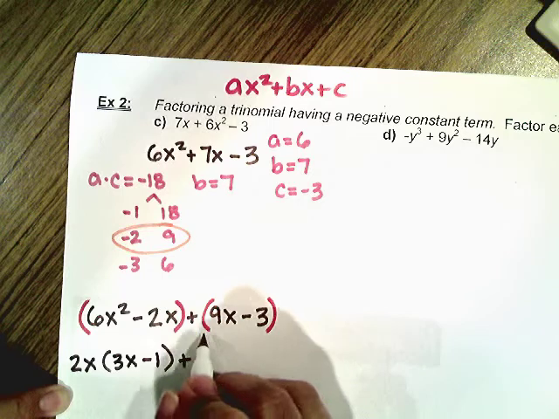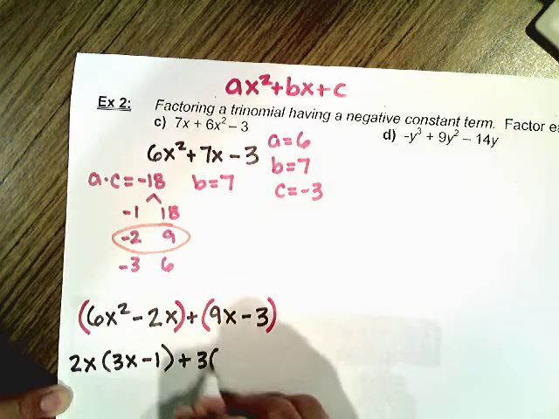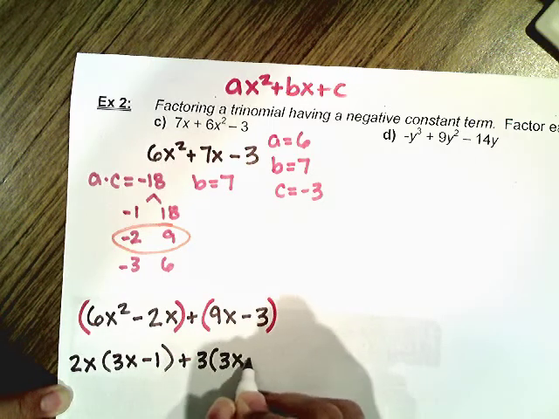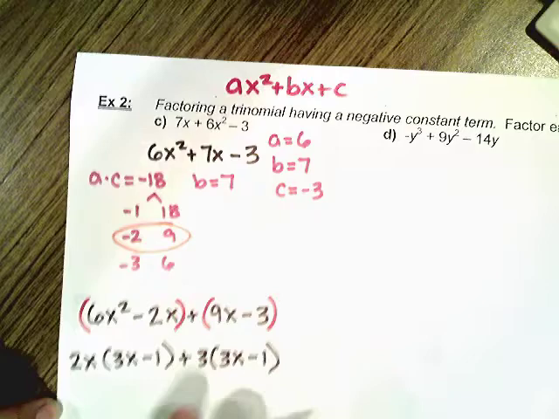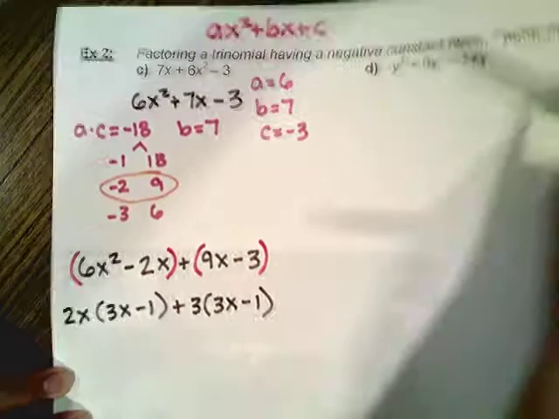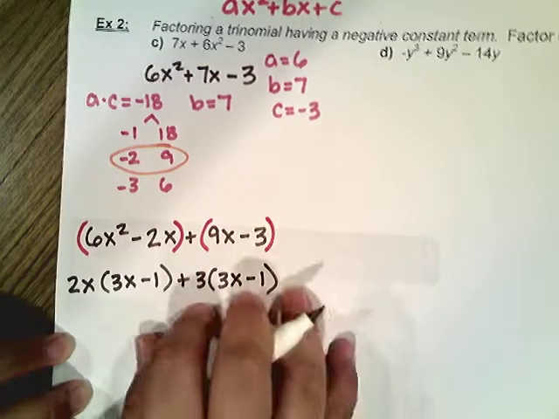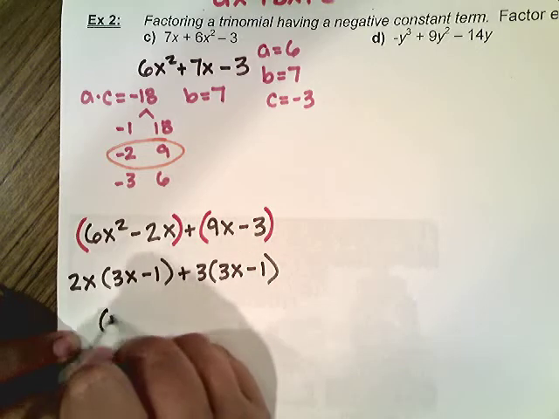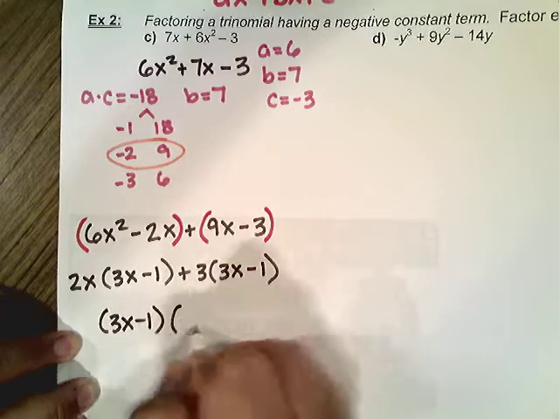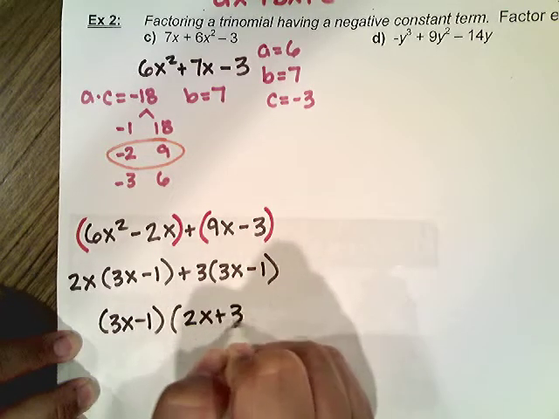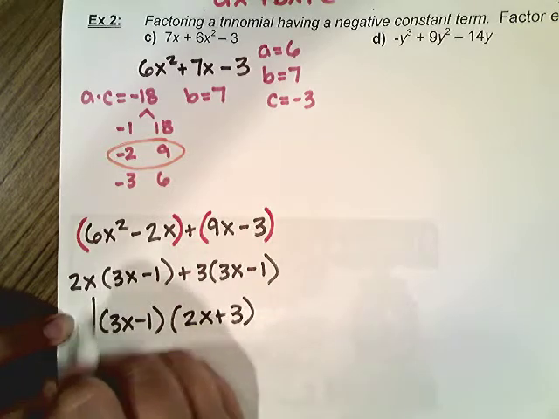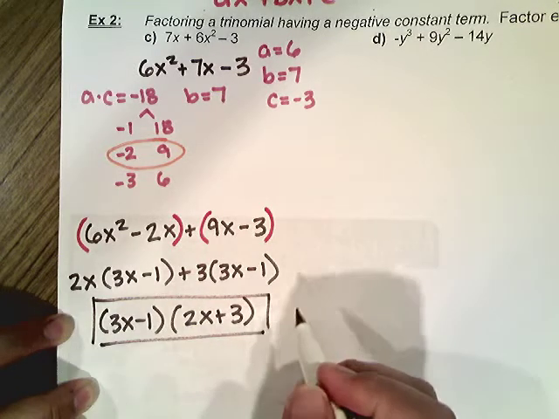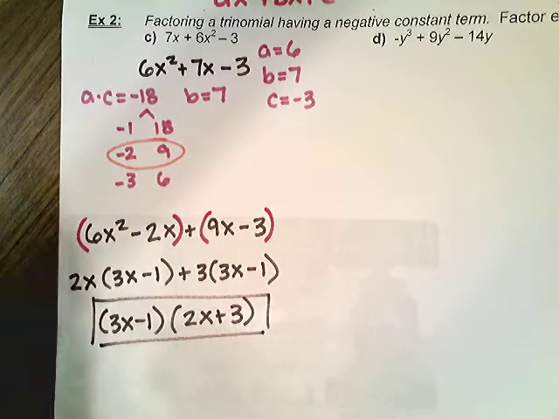Here we can factor out 3, and we're left with 3x minus 1. The GCF of both of these terms is 3x minus 1, and we are left with 2x plus 3. And that would be our final answer, or our final factored form.